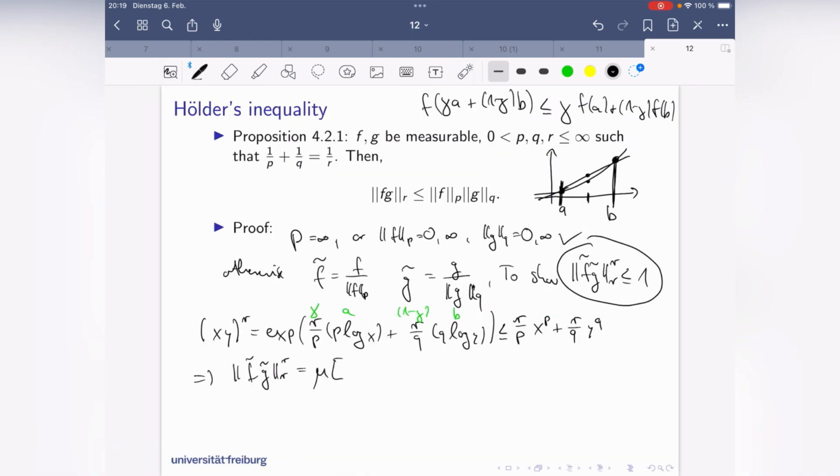So that's mu f tilde g tilde to the power of r. And this here, now we can use the inequality here. f g to the power of r is more or equal than r over p mu f tilde to the power of p plus r over q integral of g tilde to the power of q.